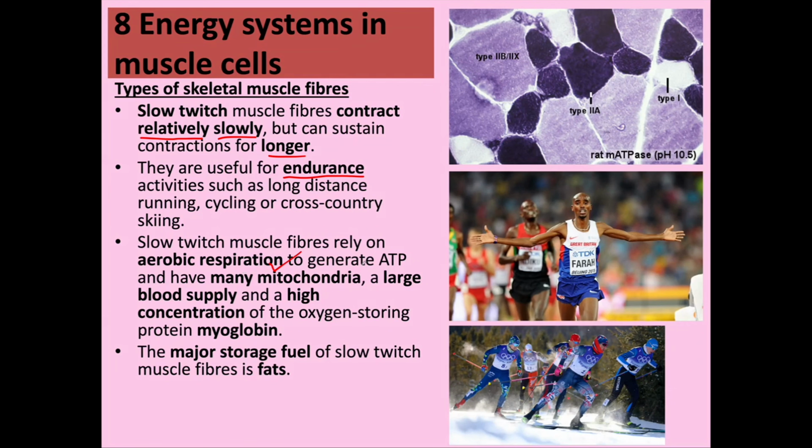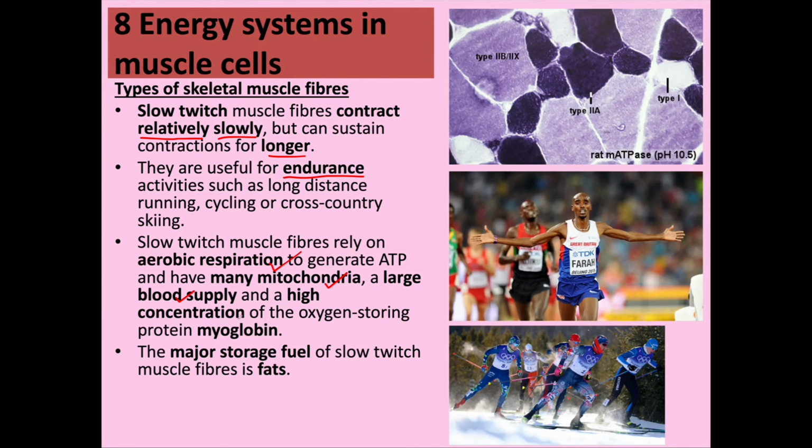Okay. Why? Because they need to generate a lot of ATP. They need a large number of ATP for these endurance activities. So if you need to generate a lot of ATP, you also need to have many mitochondria. Okay. We also need a good blood supply. Why do we need a large blood supply? It's to provide us with the glucose and oxygen that are carried in the blood and are needed for aerobic respiration.